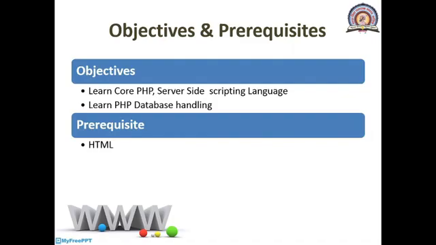And in the first year we have studied HTML, we have performed practicals using HTML, so we have already fulfilled this prerequisite for studying internet programming. So we can proceed further.